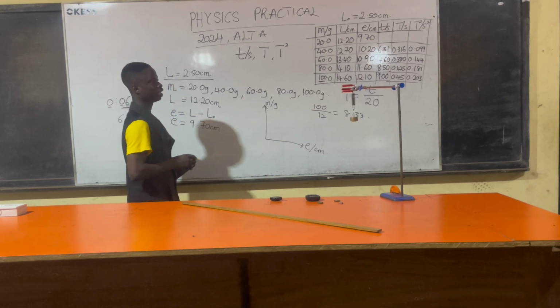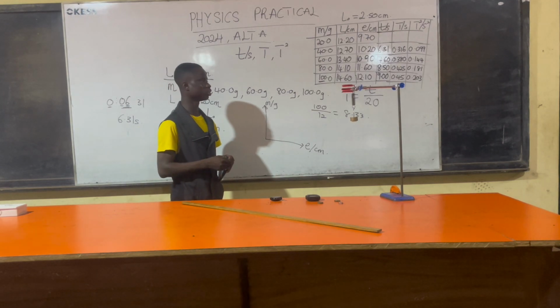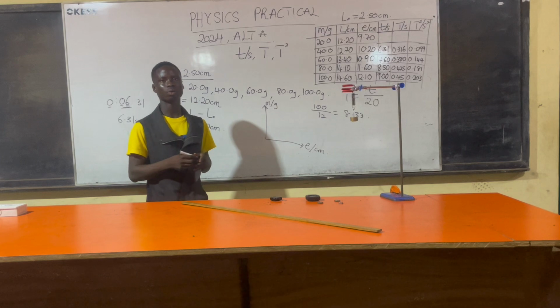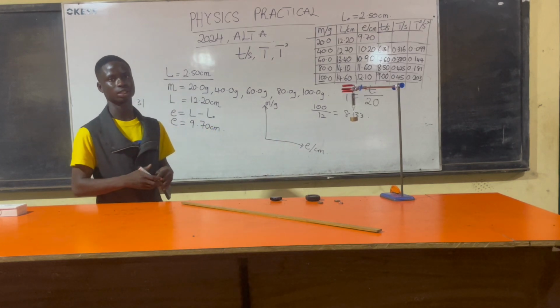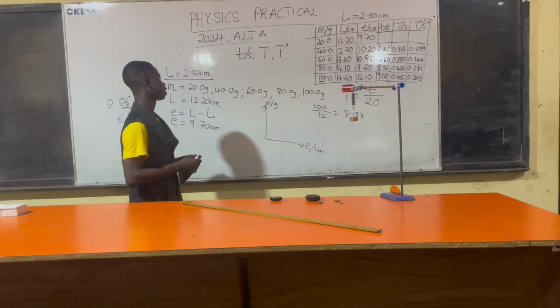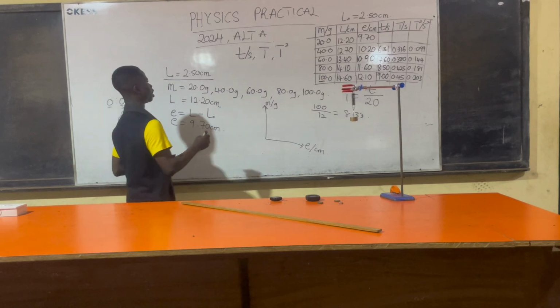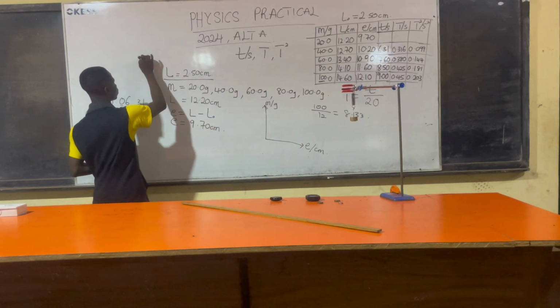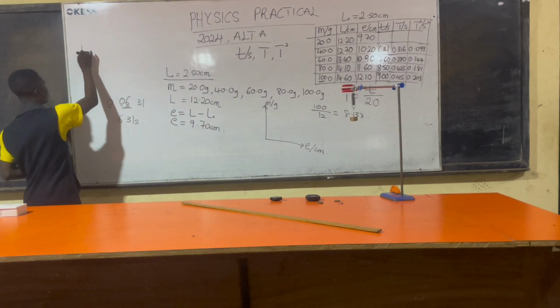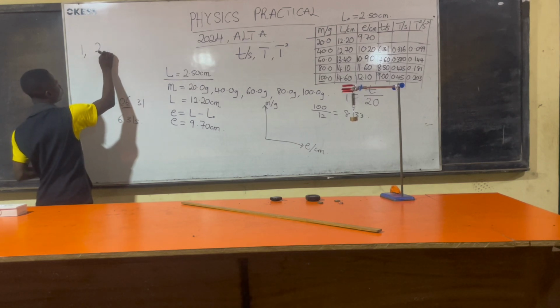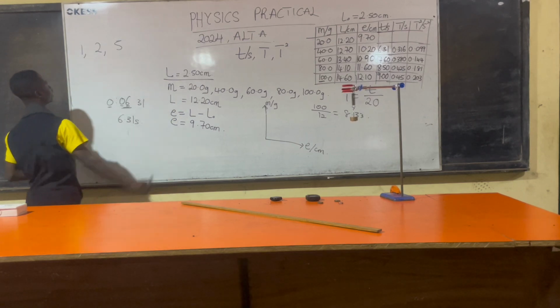But 8.33 is not a reasonable scale. We have something we call a reasonable scale for physics practical. For physics practical, our reasonable scales are 1, 2, and 5.